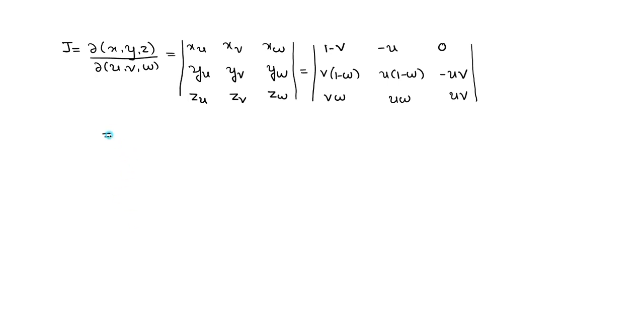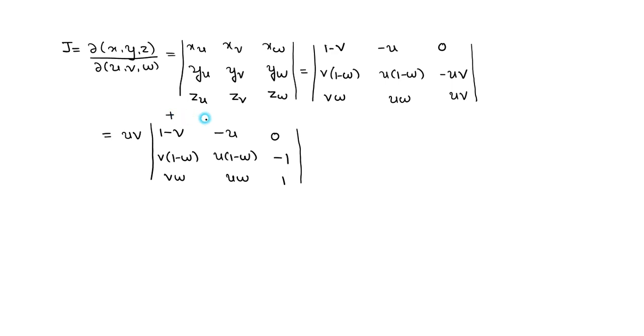Evaluate this determinant. We note that from the third column uv is common, so let me take uv common from the third column. It is 1 minus v, minus u, 0; v(1 minus w), u(1 minus w), minus 1; vw, uw, 1. We know that the signs of the determinant are plus, minus, plus.